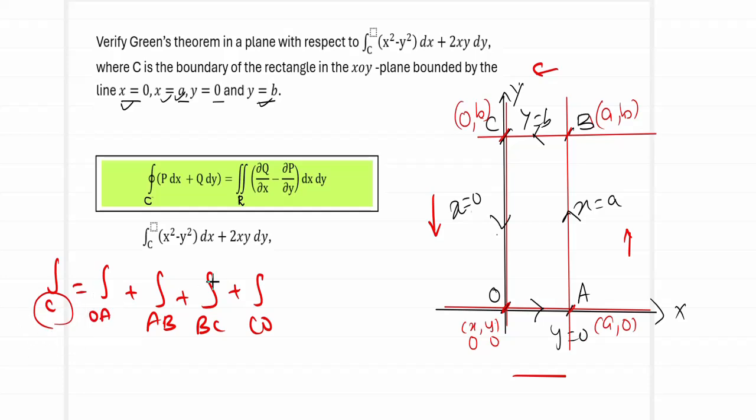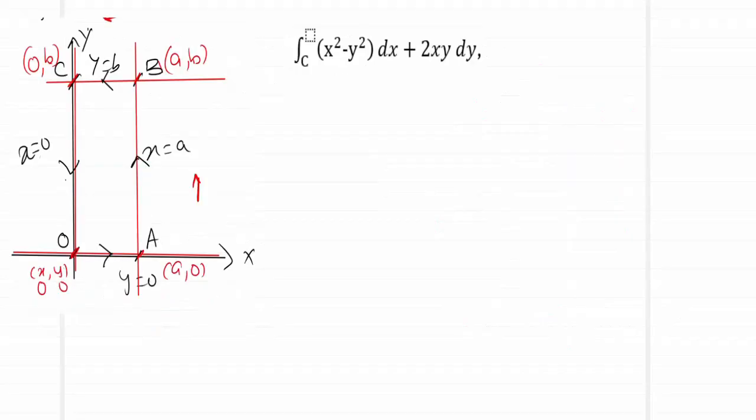Now let us see how we can go about evaluating this integral. Let us begin our integration with respect to the first line OA. Along the line OA, I have y equal to 0. If y equal to 0, what happens to its derivative? dy will also turn out to be equal to 0.